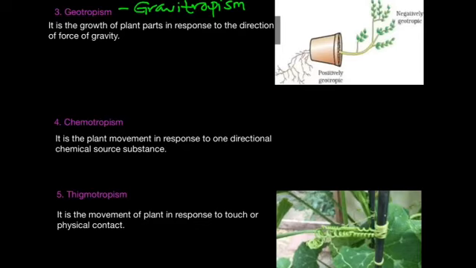Right away, in this setup over here, you can see that the shoot is growing towards the sky, while we have the roots growing downwards. So we'll say that our shoot is negatively geotropic. The root is going towards gravity.